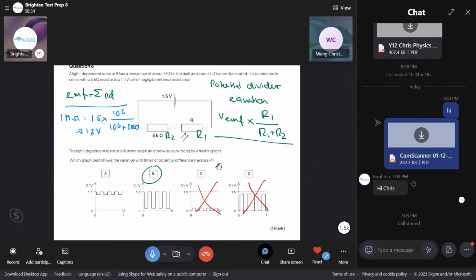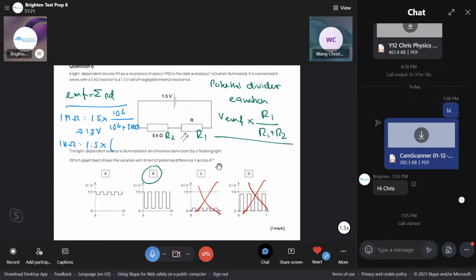Now, if you go the other way around and say we just have the 1000, so at 1 kilo ohm, then of course 1.5 times, but we only have 1000 here, or we could as well say 10 to the power of 3. Let's do it like that.